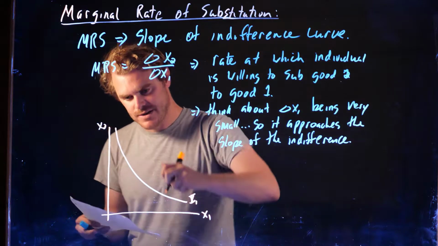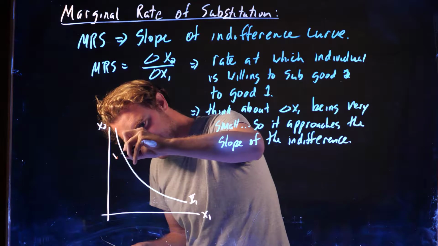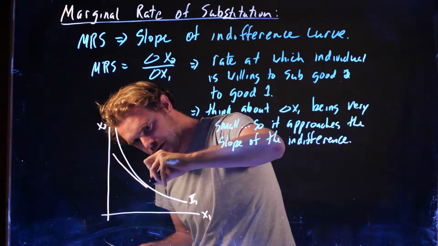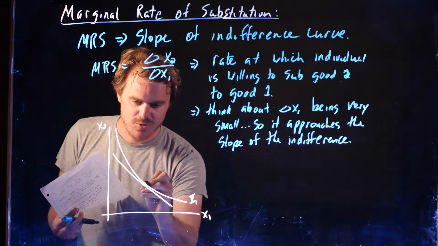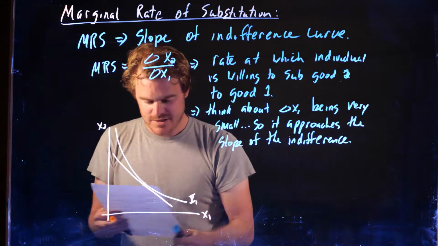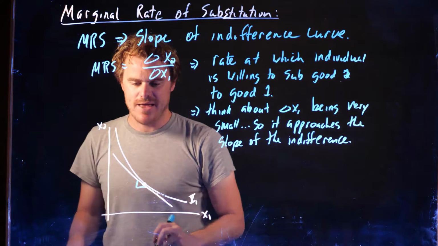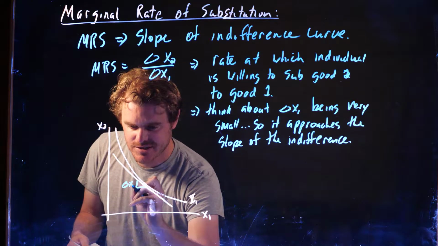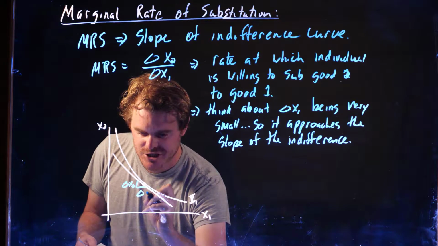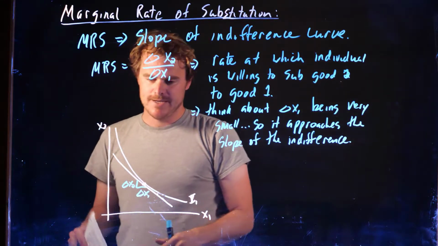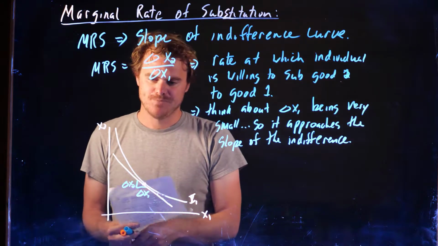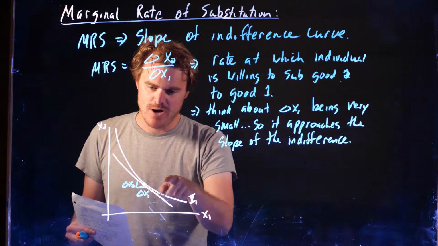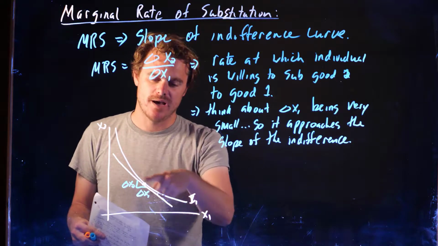Label it I1. Imagine we're interested in this point. We're just taking the slope at that point, which is the change in x2 over the change in x1. And taking it at different points is going to give different slopes.